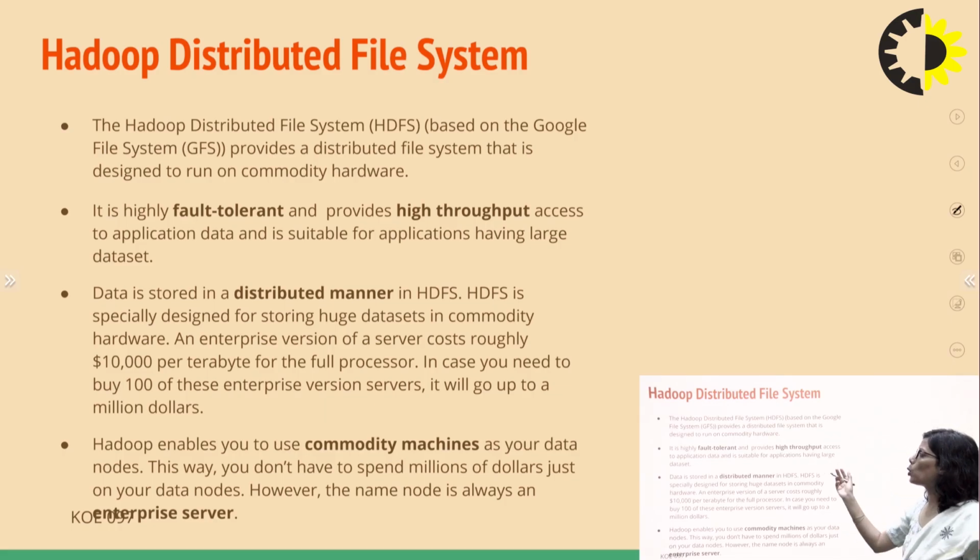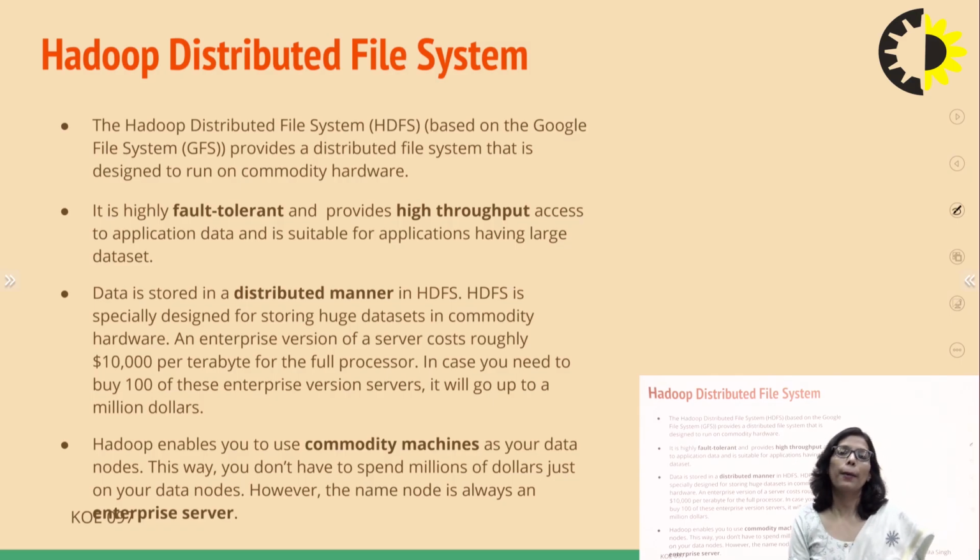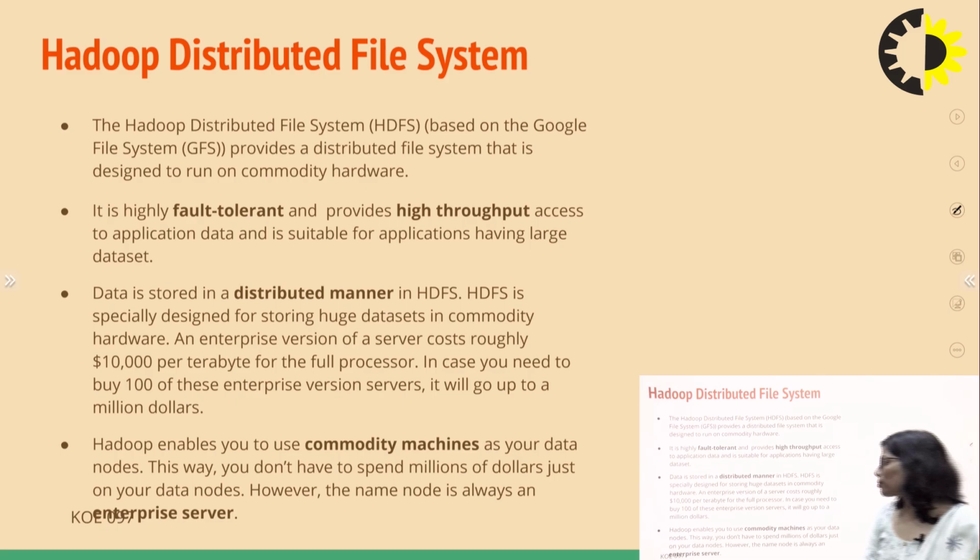Also, it provides high throughput access to application data and is suitable for applications having large data sets. Hadoop enables use of commodity hardware, which helps you spend less money, because if the size of my data increases, we can increase the number of commodity machines.